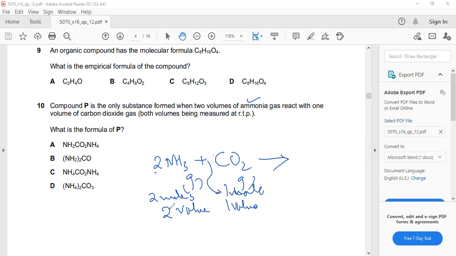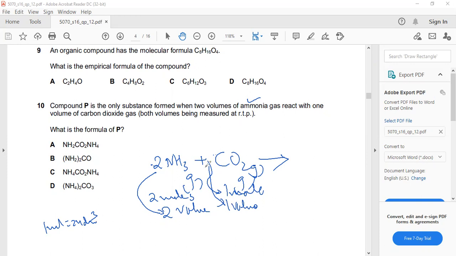But the stoichiometric mole ratio can be used as a volume ratio for gases only, not for liquid, not for solid. The reason is 1 mole is 24 dm cube, so the mole ratio and volume ratio are the same at RTP.